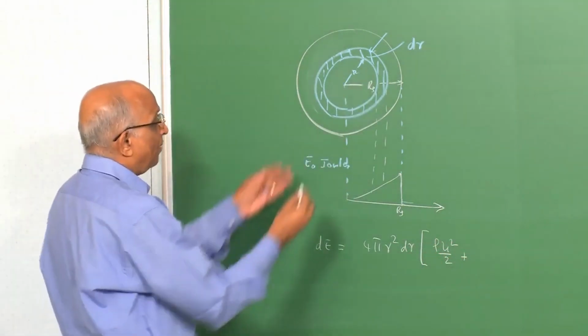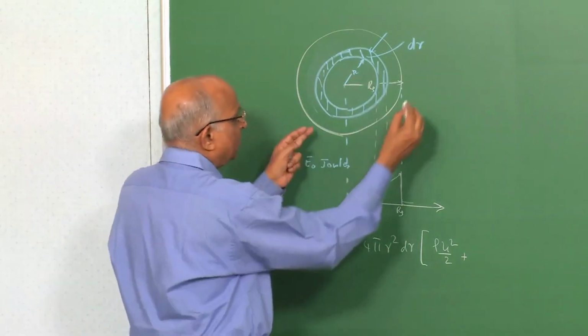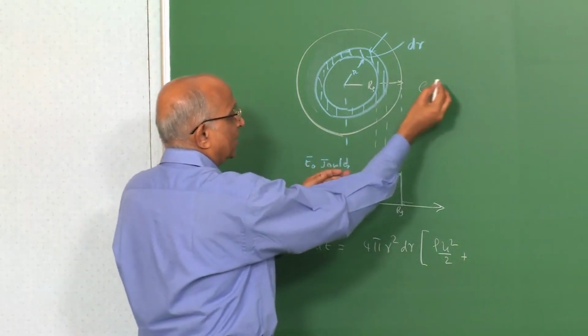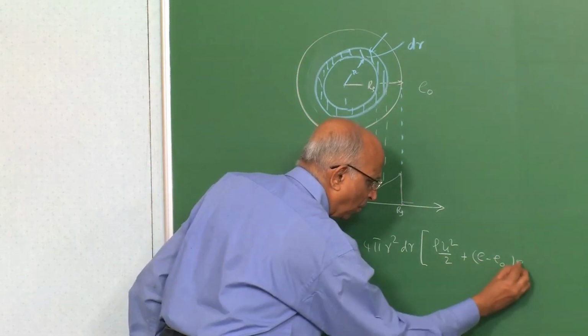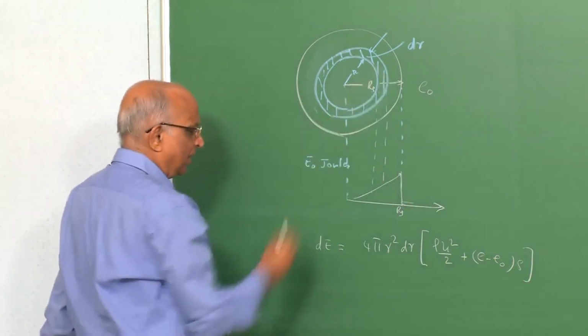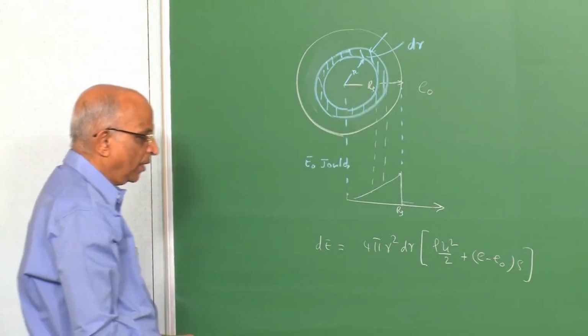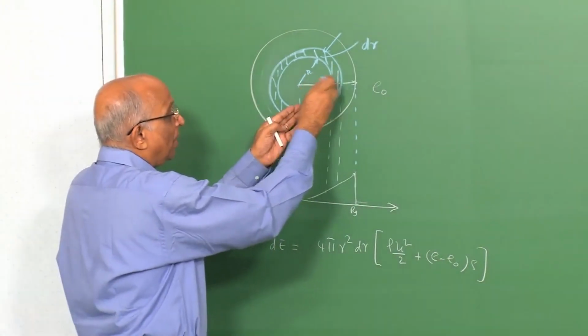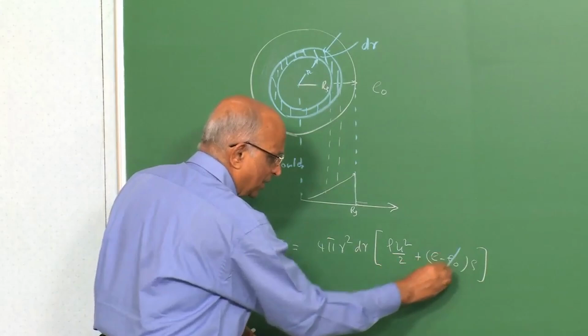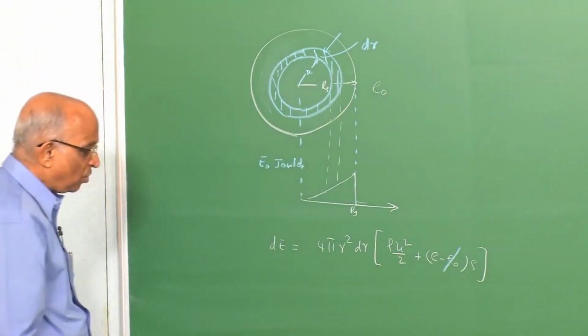plus you have the internal energy, and initially let us say the medium outside has an internal energy E naught. We have E minus E naught into rho is the change in the internal energy here. We considered that the internal energy change due to the blast wave processing is very much greater than the initial internal energy, and this drops out.